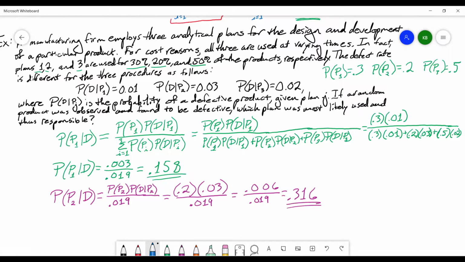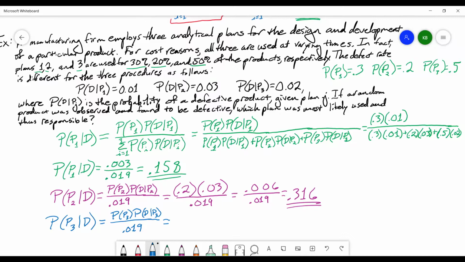And then finally, I'm looking for the probability that plan 3 was used given that it was defective. So again, my denominator is going to remain the probability that it was defective, 0.019. My numerator, though, will become the probability that plan 3 was used times the probability that it was defective given that plan 3 was used.